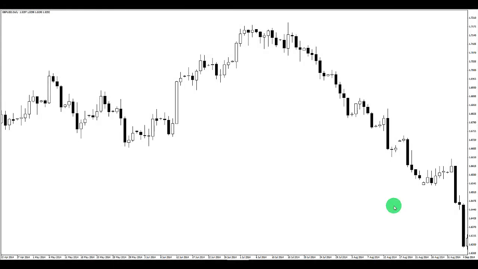Okay, we're looking at the British pound versus the US dollar, or what we commonly refer to in Forex as the cable. Okay, I want to ask you a question, and this is going to be more or less framed on the basis of what we shared in the first and second installment of this series.